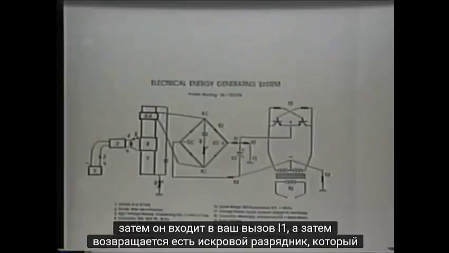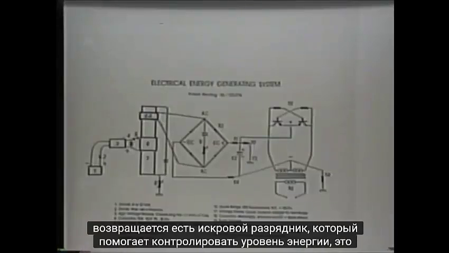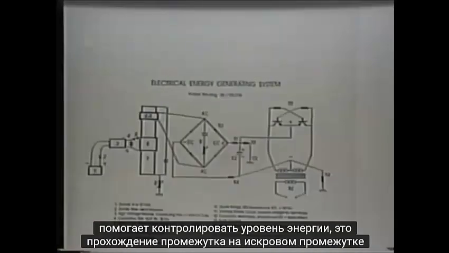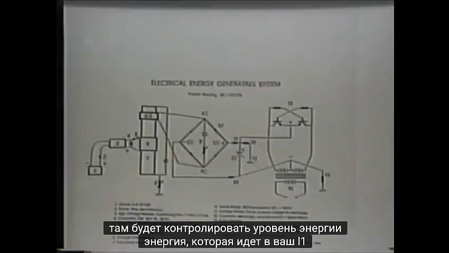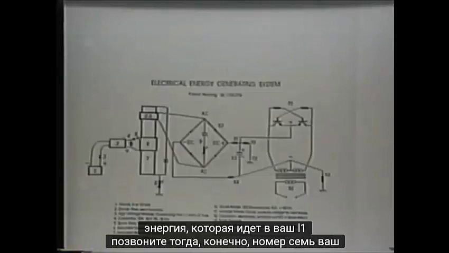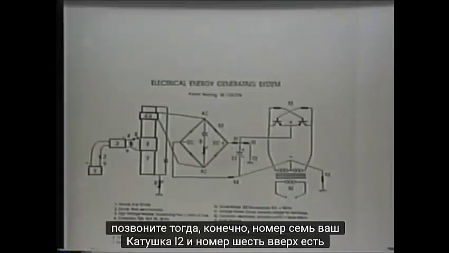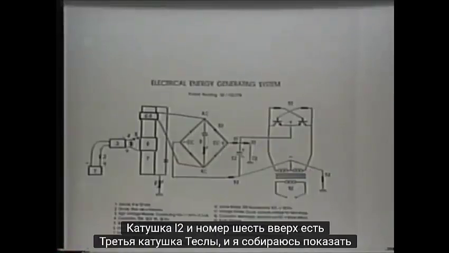There's a spark gap which helps control the energy level that's passing. The spacing on the spark gap will control the energy level that's going into your L1 coil. Then, of course, number 7 is your L2 coil, and number 6A up there is Tesla's 3rd coil.